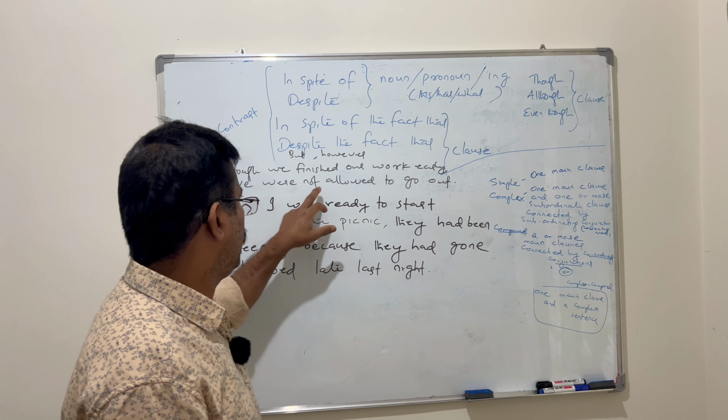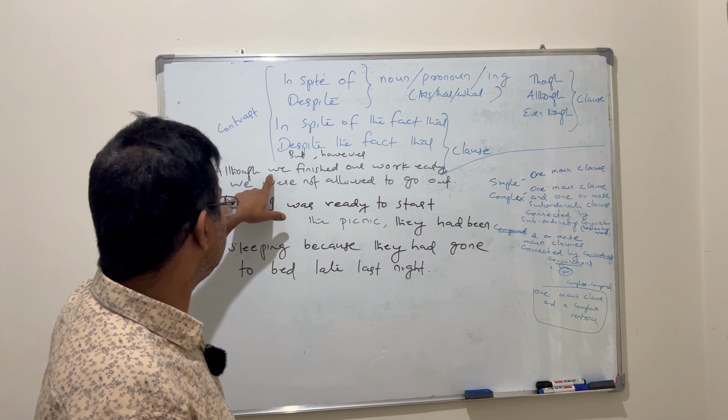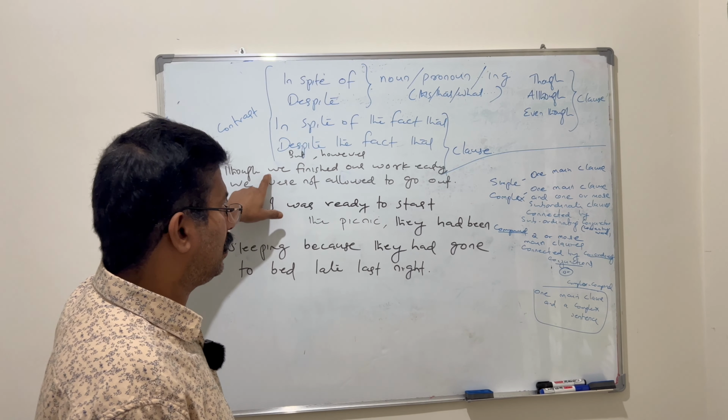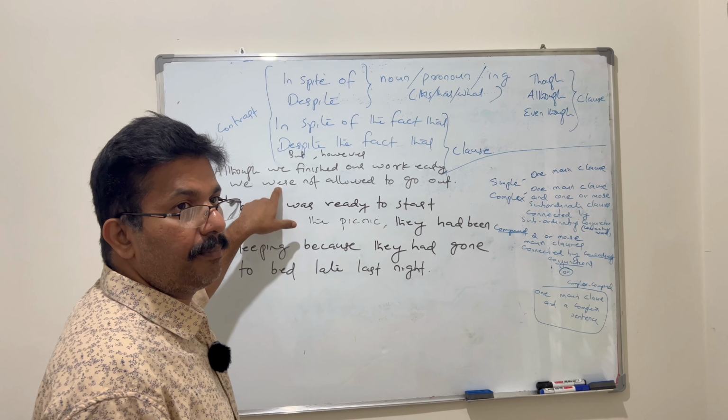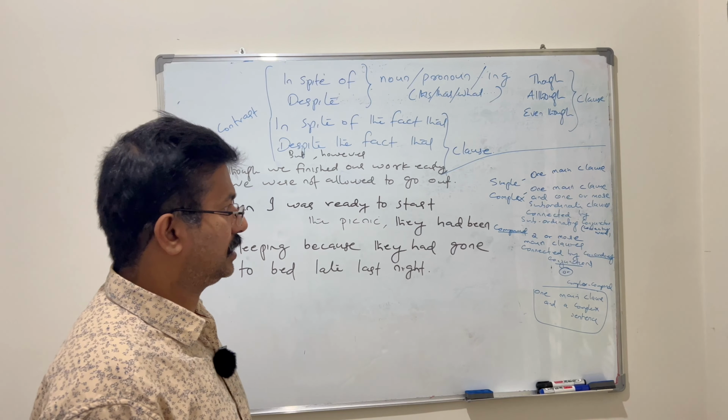This is meeting the first criteria, the basic criteria to make a complex sentence, which is one main clause and at least one subordinate clause. You can see that there is one subordinate clause and one main clause. So this is a complex sentence.